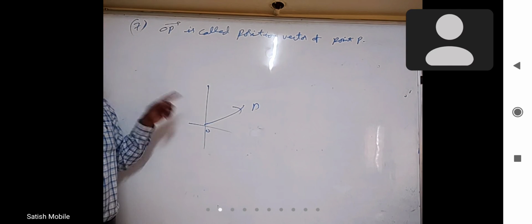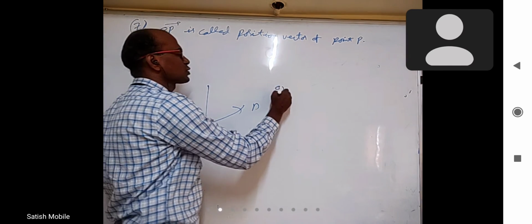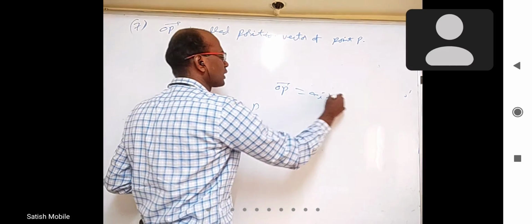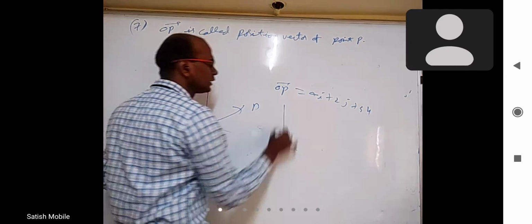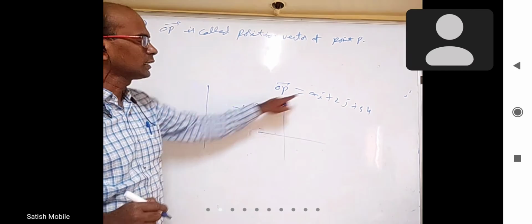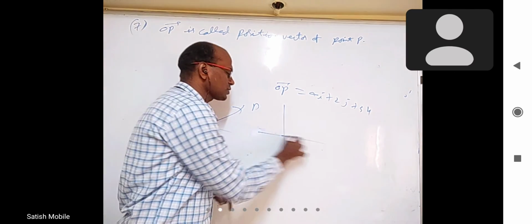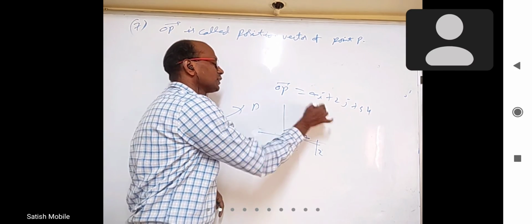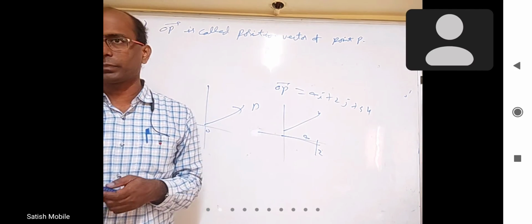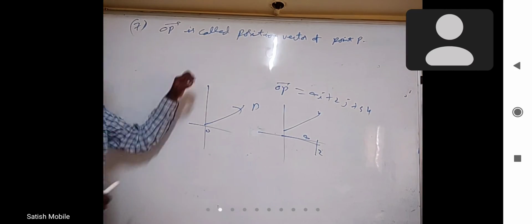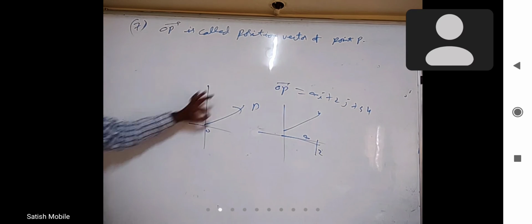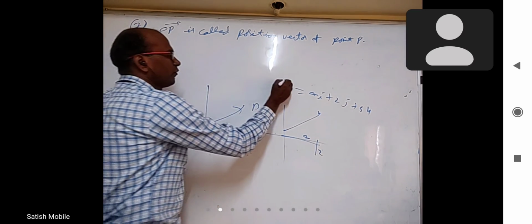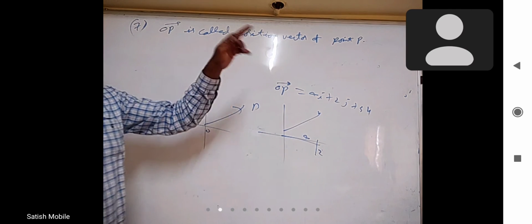Okay. For example, if somebody tells you OP bar equal to 4i plus 2j plus 3k, that is sufficient. It tells you that along the x-axis travel 4 units, along the y-axis travel 2 units, along the z-axis travel 3 units. That point is point P, right? Okay. So joining any point to the origin, that vector is called the position vector of point P.